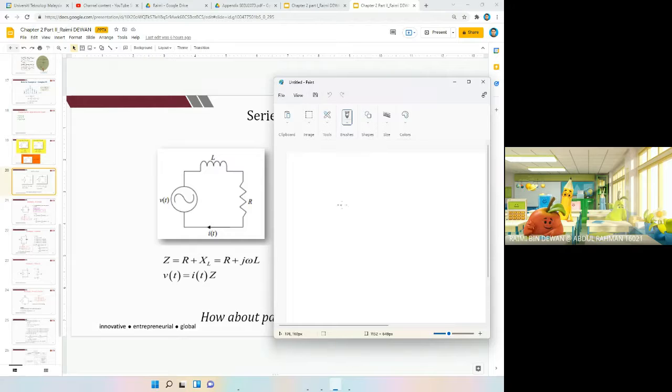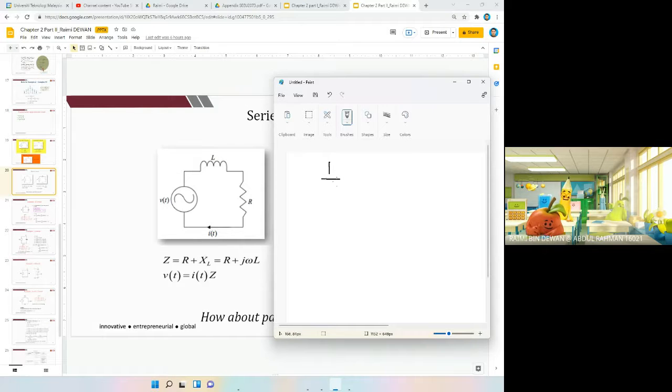For the case of containing reactance, how would we like to see the impedance of the parallel? If this is R plus XL in series, then how about in terms of reactance in a parallel circuit?